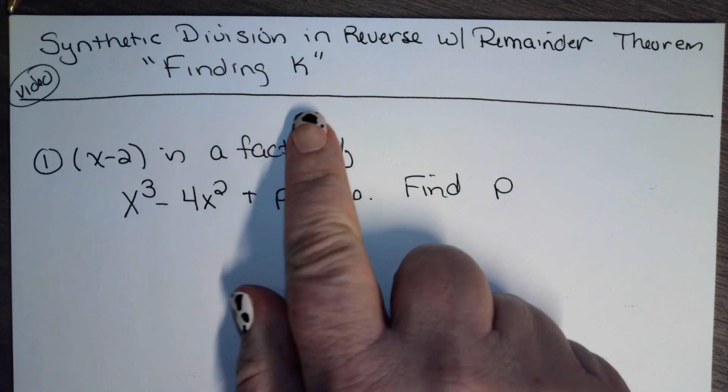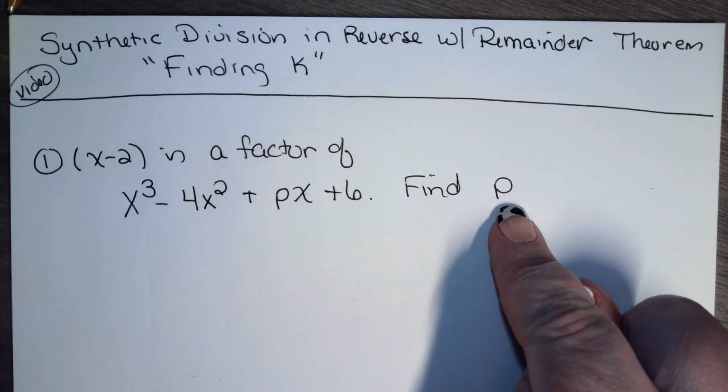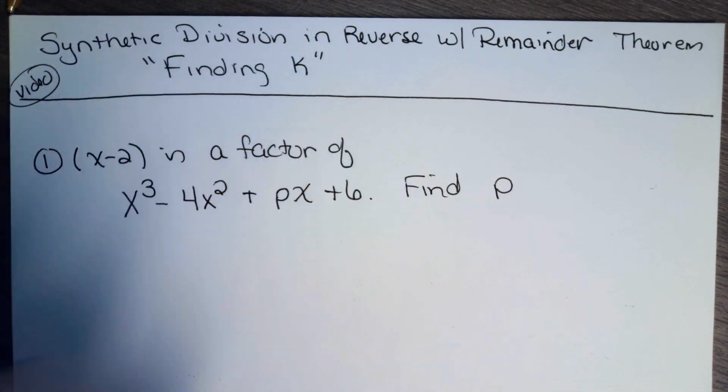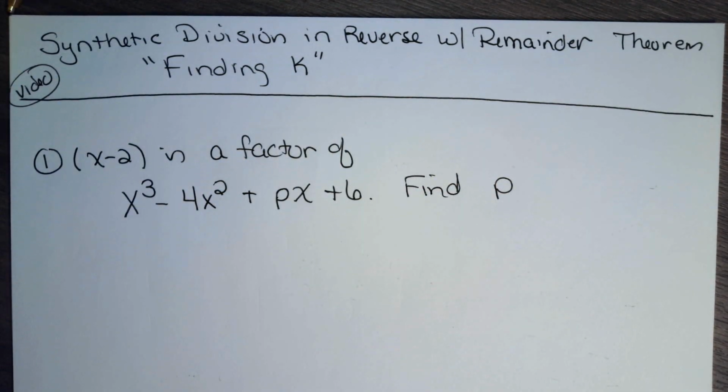Although I said it's finding k, most of the time we say find p or find k. K is the more popular one, but sometimes p will come up. Copy this problem down and we'll start on it in just a few seconds.